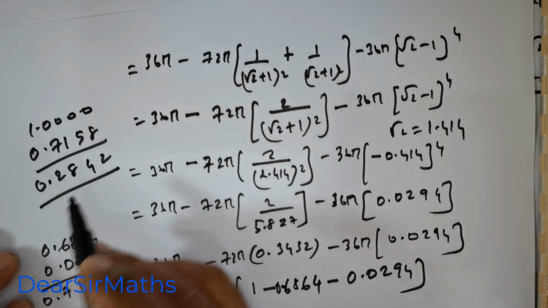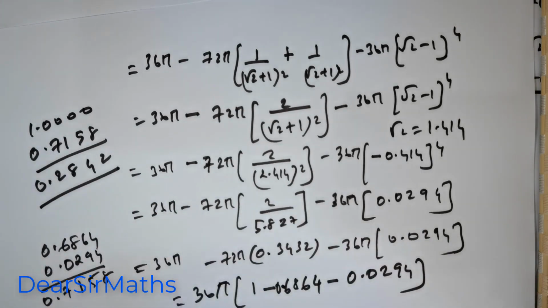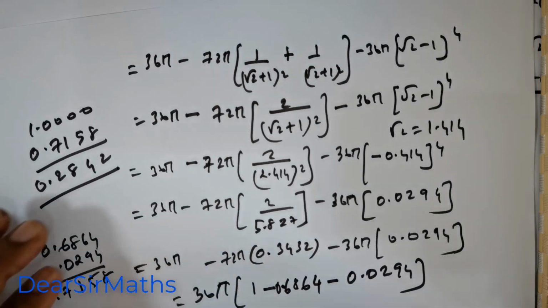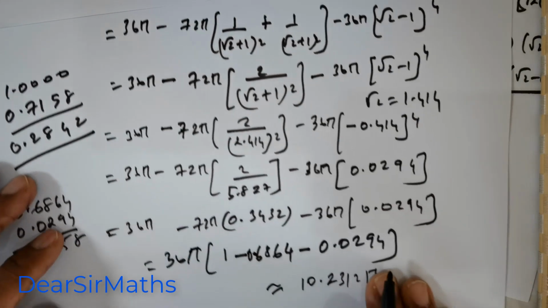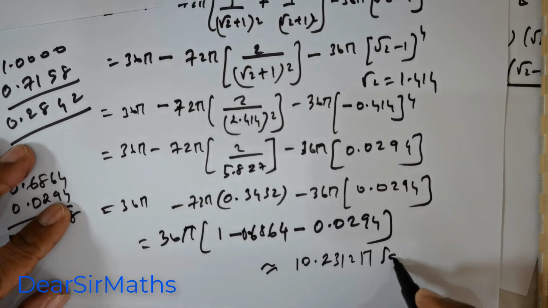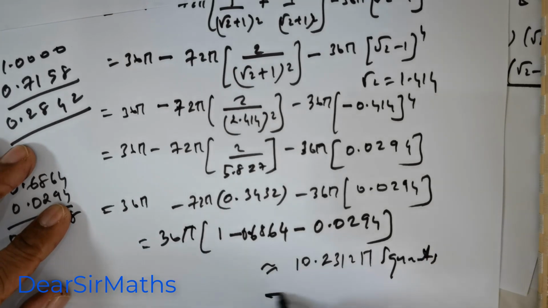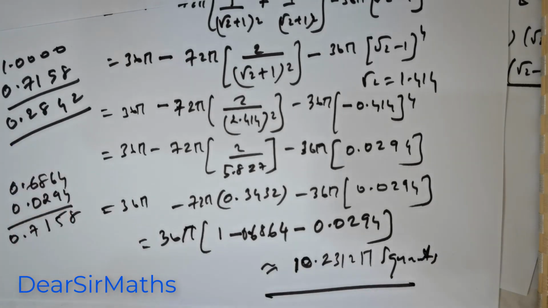This has to be multiplied by 36. So I have to use the calculator now. 0.2842 multiplied with 36. So what do I get? I get approximately 10.2312 pi square units. So this is the area of the shaded region.